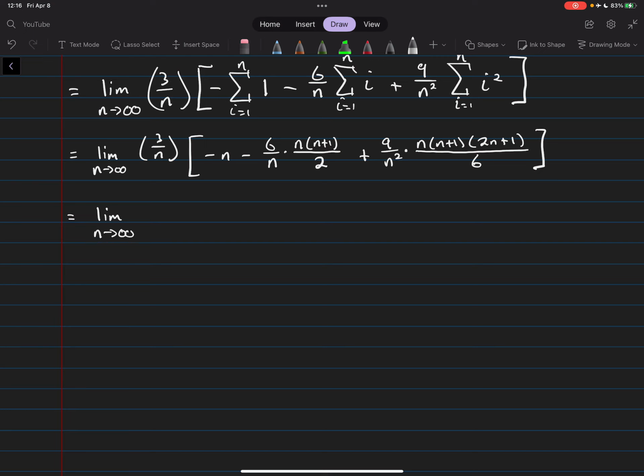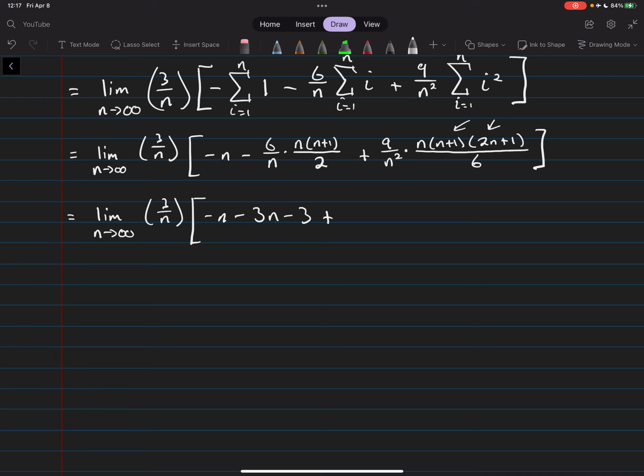So we have the limit as n goes to infinity of 3 over n times, let's see, negative n minus 3n minus 3 plus, now I'm going to, so I expanded these terms out separately, so I didn't have to waste a lot of time in the video doing it.